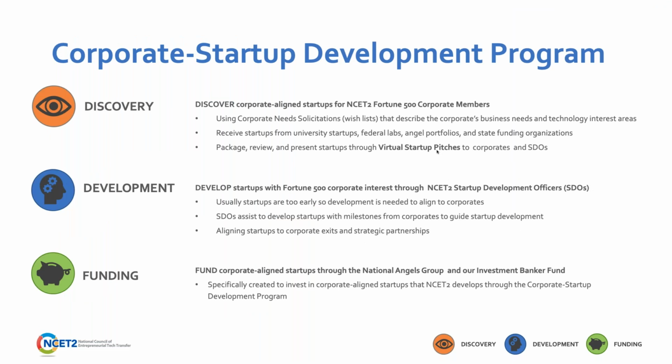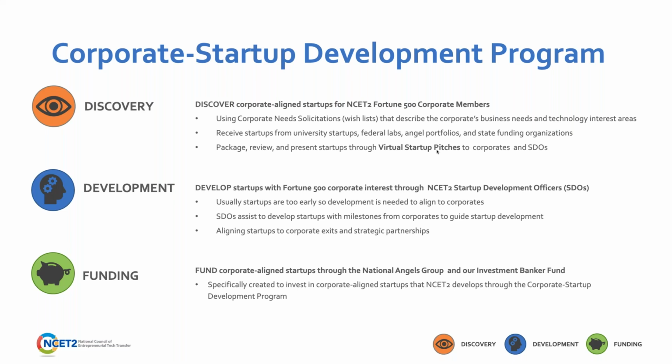So just a deeper dive on what the Corporate Startup Development Program is. It's essentially three components. We do discovery, we do development, and we also funnel companies that go through the development piece into funding through our angel group called the National Angels and an investment banker fund that we've set up for these startups.